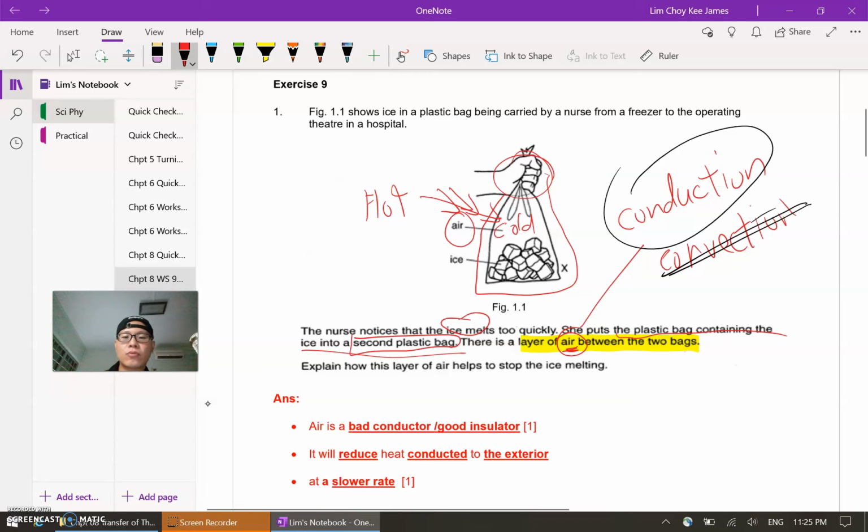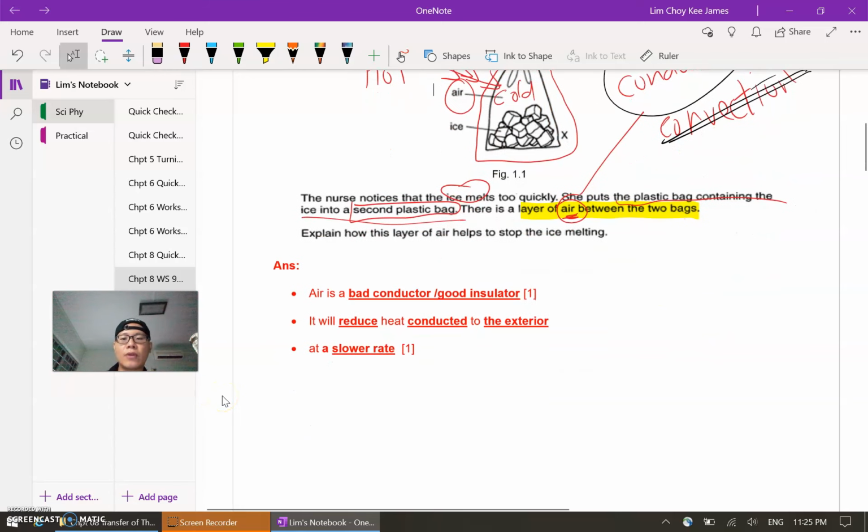So how do I phrase the answer? Remember these 3 phrases, I have used them in my video on conduction before, so you can refer to them. I will tell the marker that what I know about air is that it is a bad conductor. And what does it do? It reduces heat being conducted to the interior. Now take note of the direction: the direction we are referring to is from outside to inside.